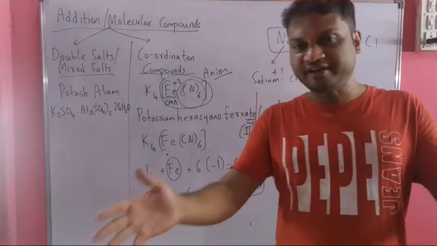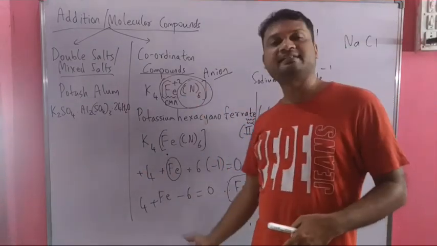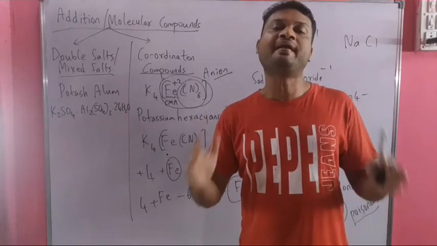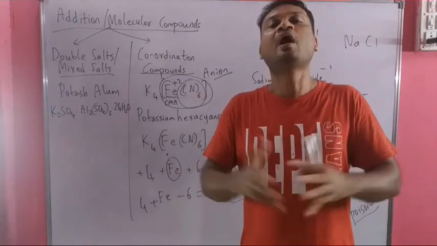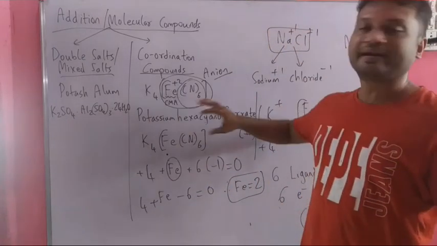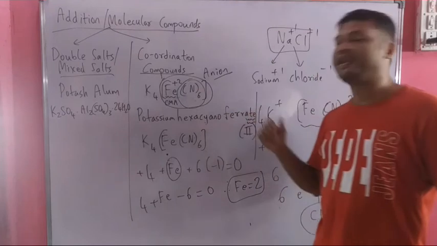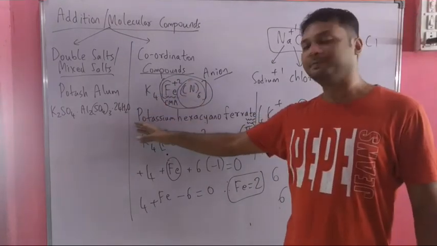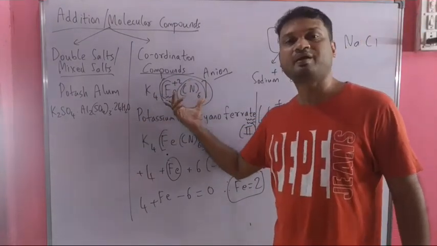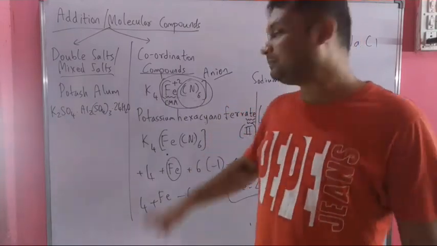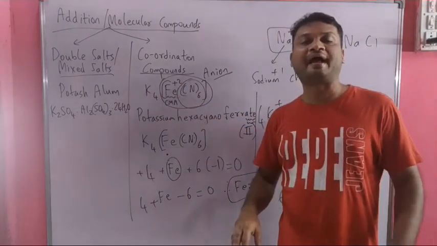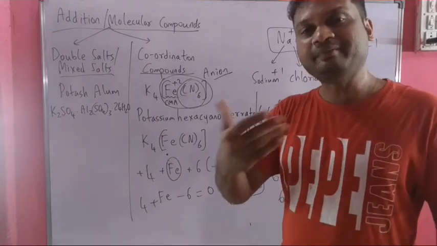Of course, this is very new to you. We will take many examples later on when we study the nomenclature of coordination compounds in more detail. But for now, remember the basic rules. Initially we name the cation, then we name the anion. So cation, potassium, then we have this coordination sphere. What is the coordination sphere? The species inside the square bracket, which is the central atom and the ligands.